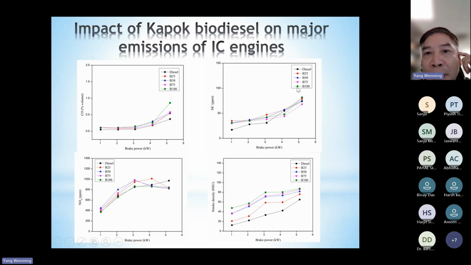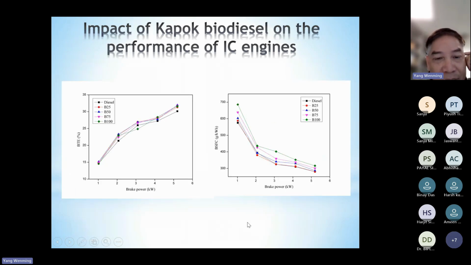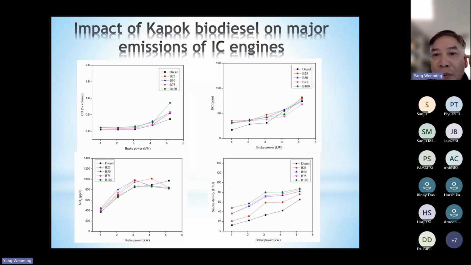So the copper biodiesel also has a relatively higher efficiency, but also has higher BSFC, fuel consumption, and the CO, HC, and smoke emissions are all poorer than the diesel fuel.